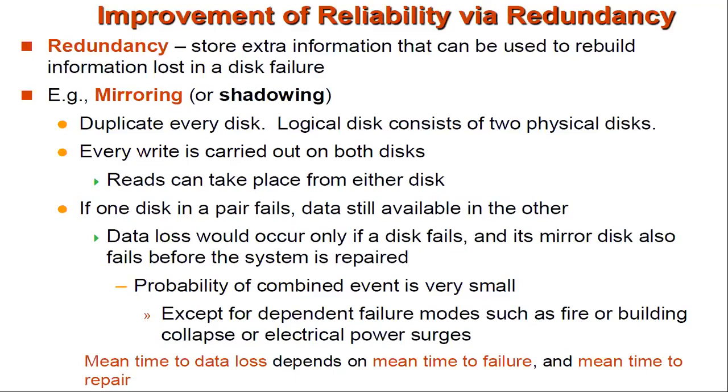But the chance of failure of both disks is very, very rare. If any one particular disk has a problem and you are not able to access it, you have to repair the disk immediately, so that you can use both disks again. That is the idea here.